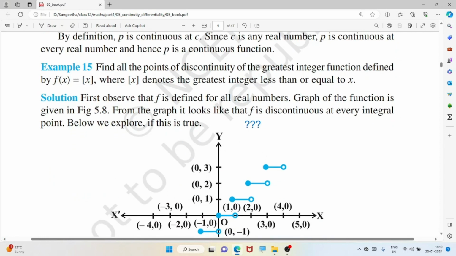This definition: find all the points of discontinuity of the greatest integer function defined by this. This function, this graph, this definition of the function is this, so you can understand how they drew this. Greatest integer less than or equal to x.